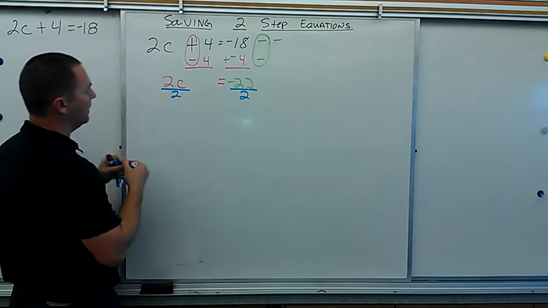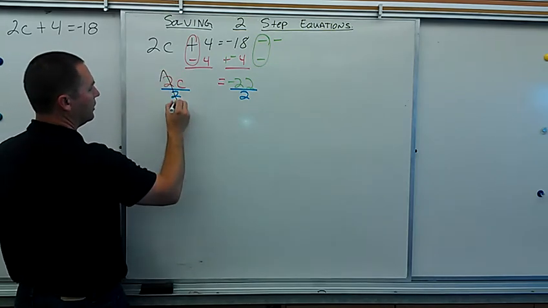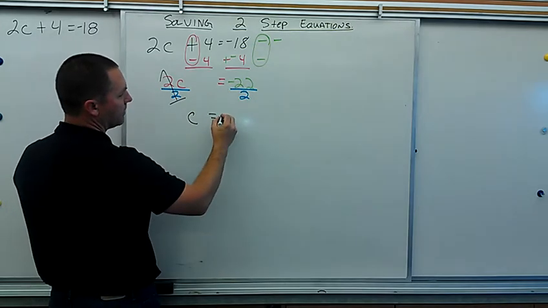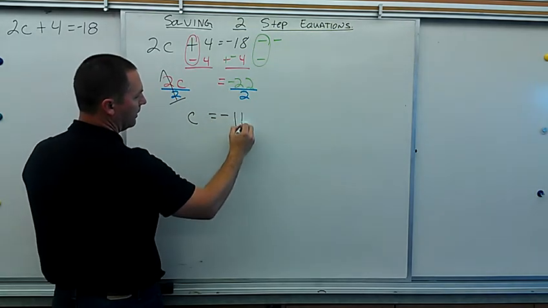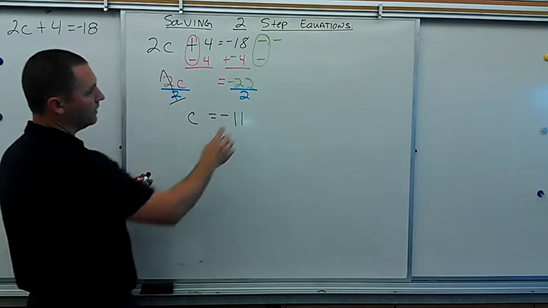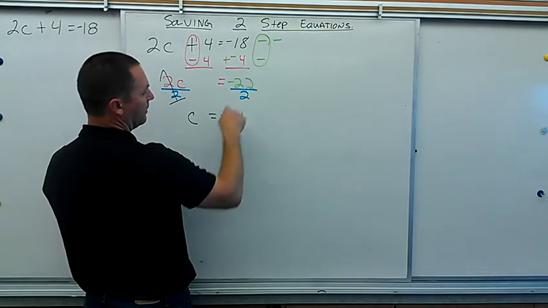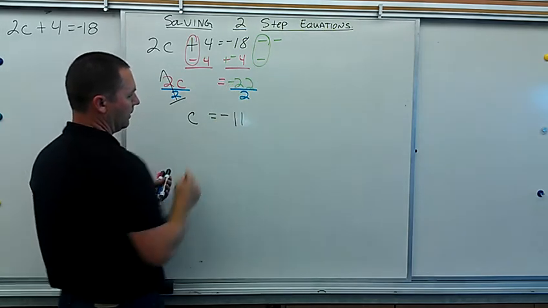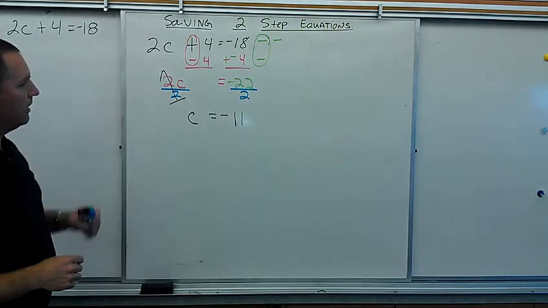This creates a giant 1, and I'm left with c, and this is negative 11. And we know that it's negative because of the rule, and the rule is signs are different, the answer is negative. So one's negative, one's positive, the signs are different, so the answer is negative. So my answer is negative 11.